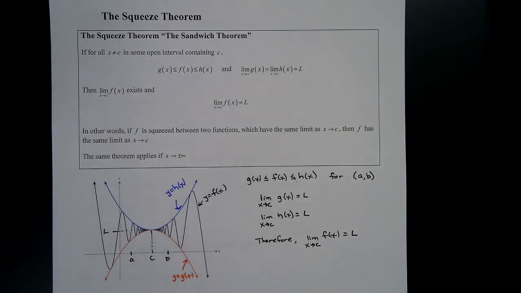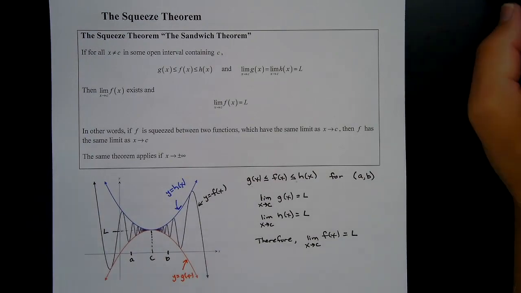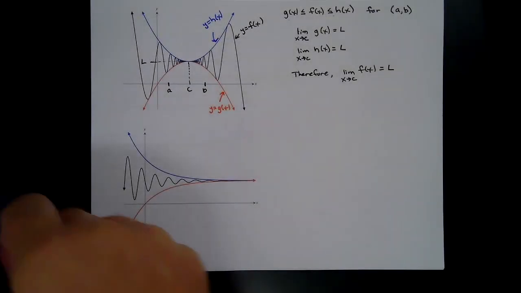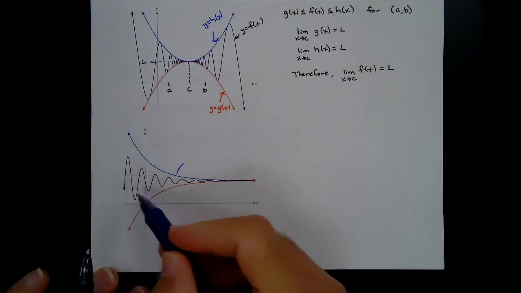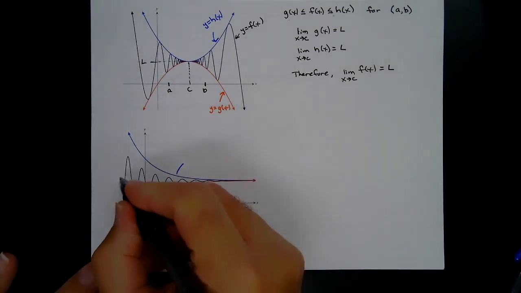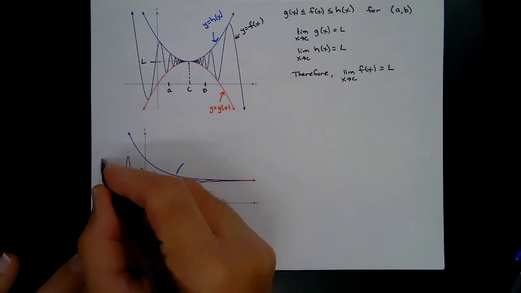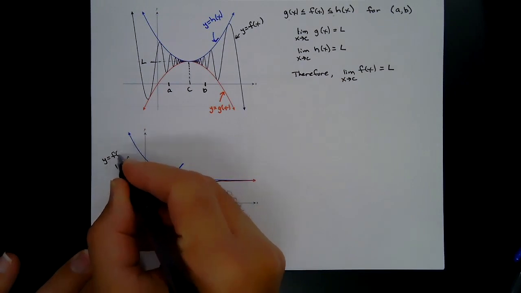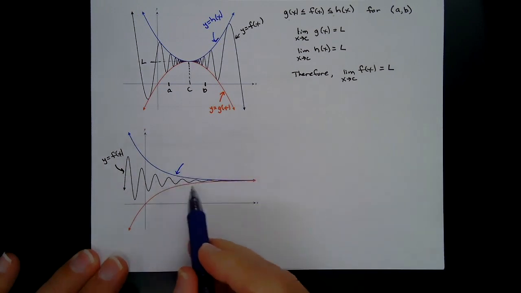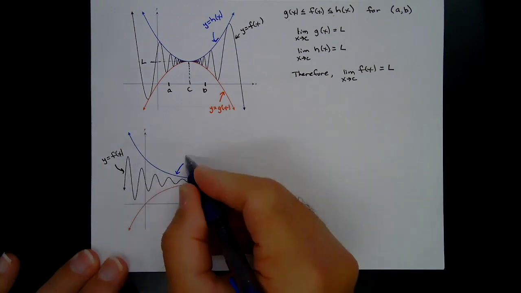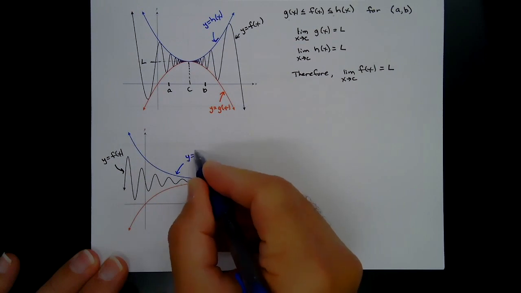All right, let's do one that goes to infinity. This top one is the f of x. I should say that one first. This one right here is y equals f of x. This one is above this one always, so that'd be y equals h of x.